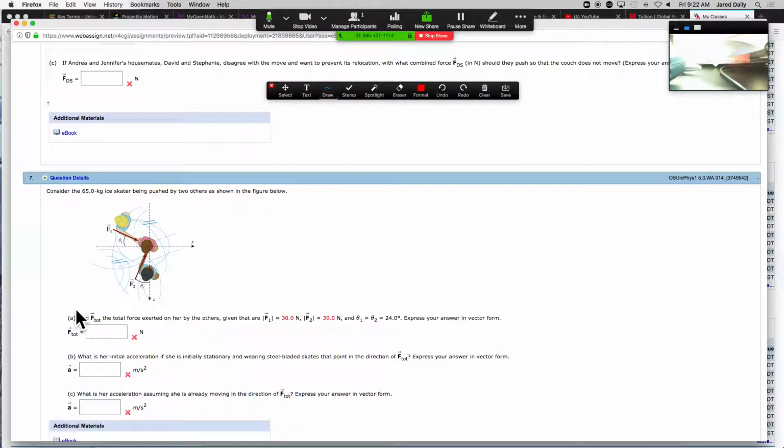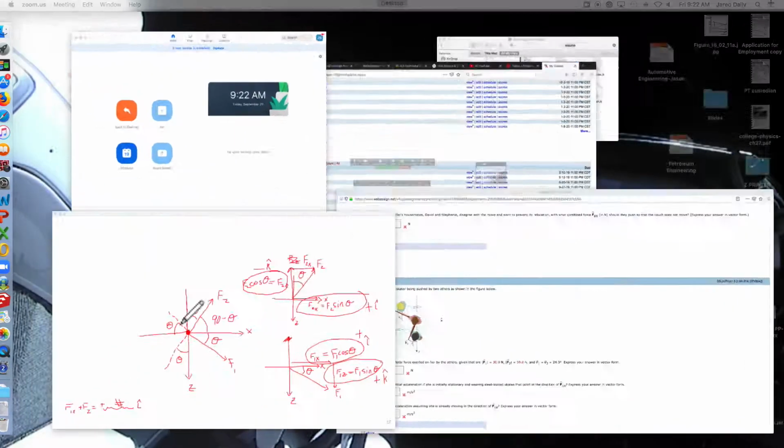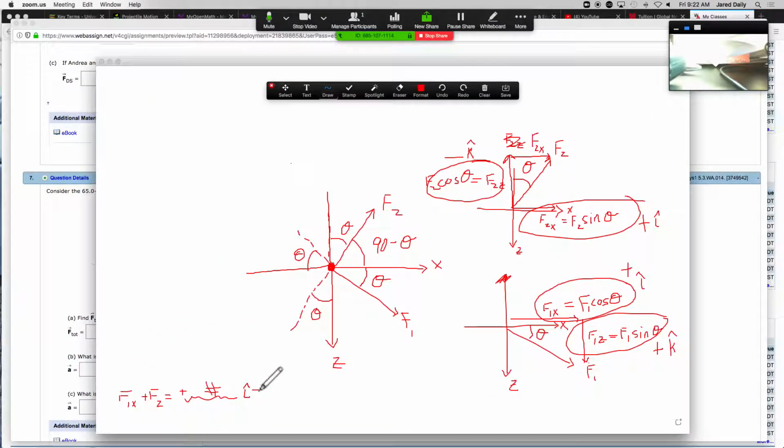And then the acceleration in vector form. Well, what would the acceleration be? Well, they actually do tell us the mass of the skater. So once we figured out this one would be our F total in the x direction, adding these two vectors together. And we do the same thing with the z, the F1z, the F2z.